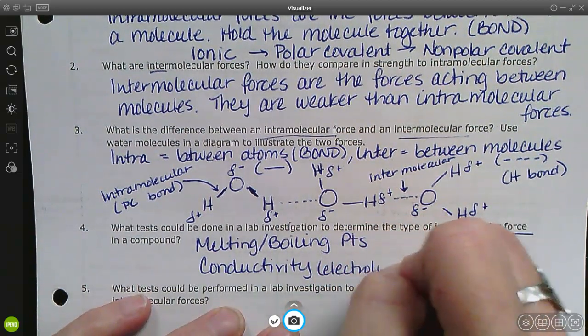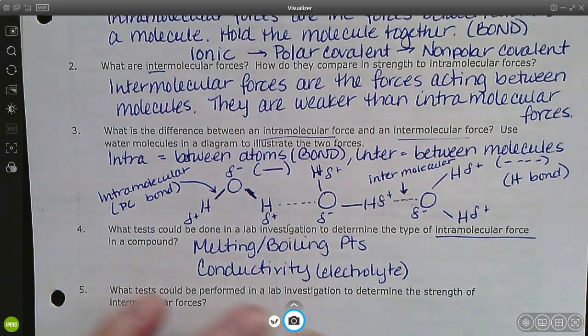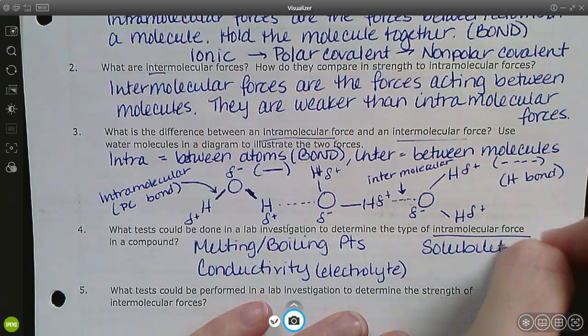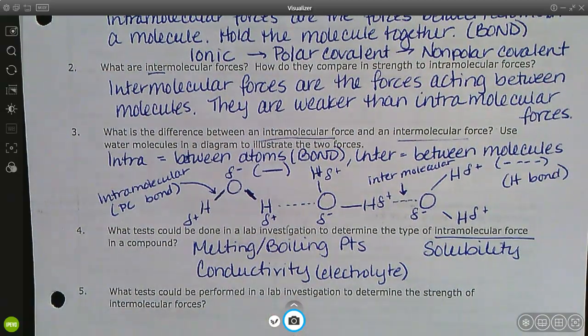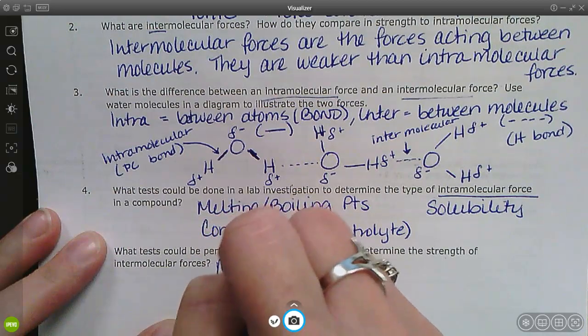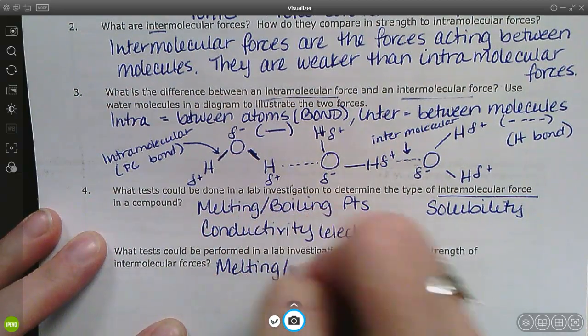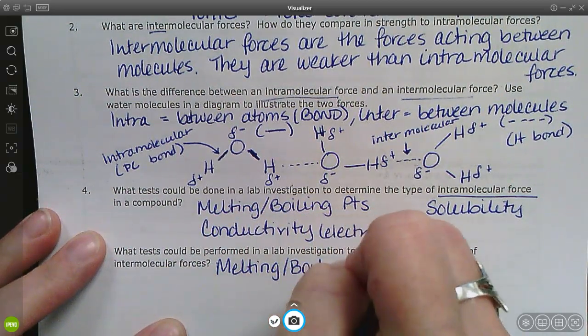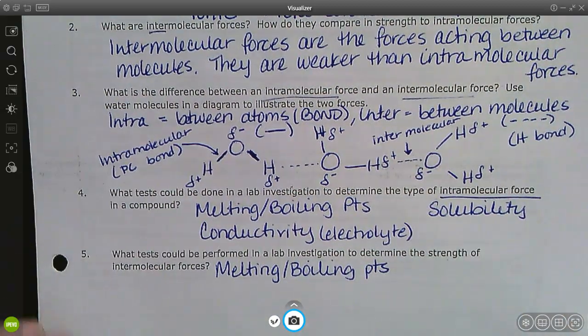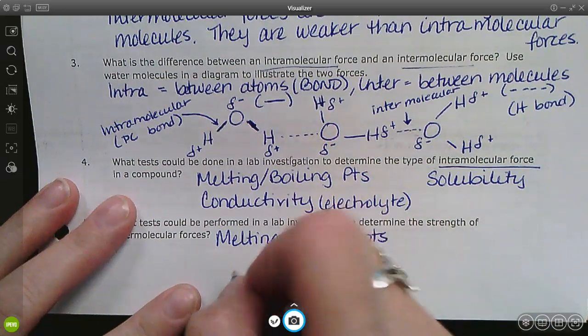So that would be a sign that you have an ionic bond. Solubility. Again, if you can dissolve it in polar or nonpolar, that gives you an idea of what kind of intermolecular bond you have. Here, melting and boiling can also be involved because you do get interaction between the molecules, and they can have forces that increase or decrease those values.